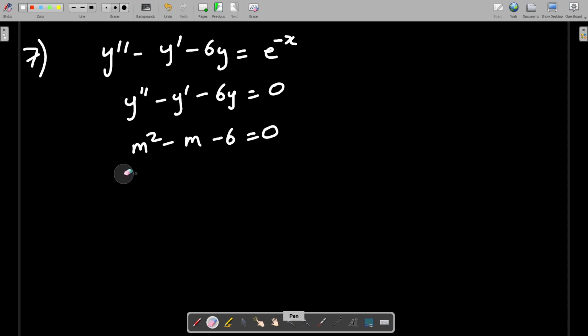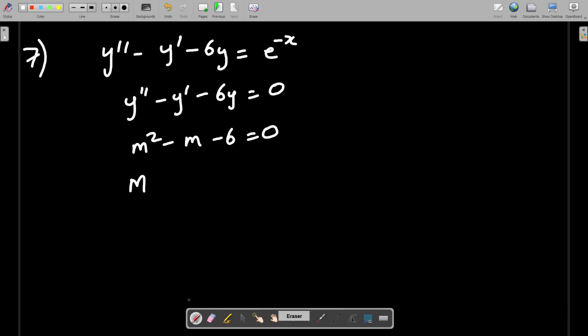Right? This one's factors are m minus 2 into m plus 1. Oh, sorry, not this. This will become minus 2 plus 3.